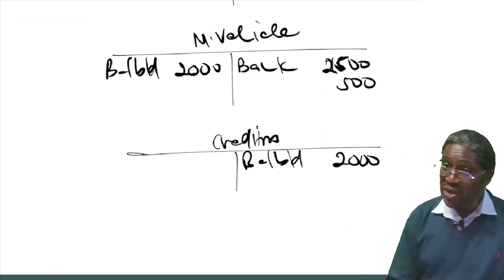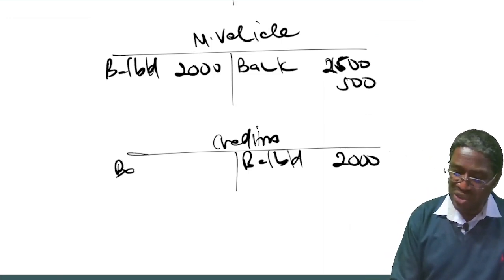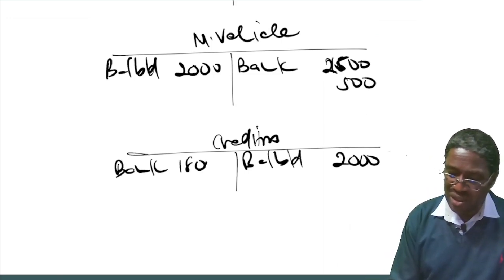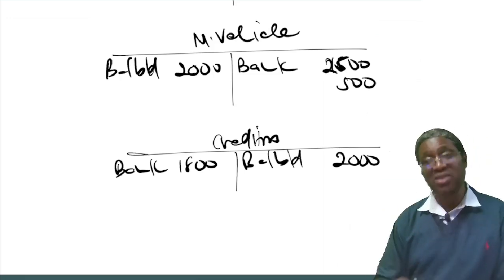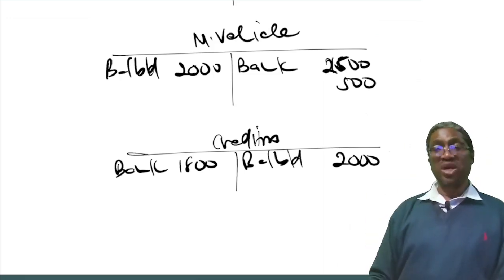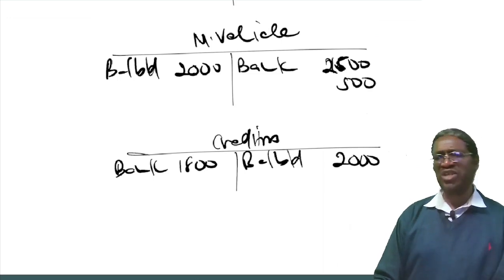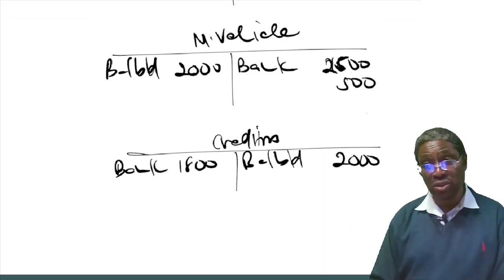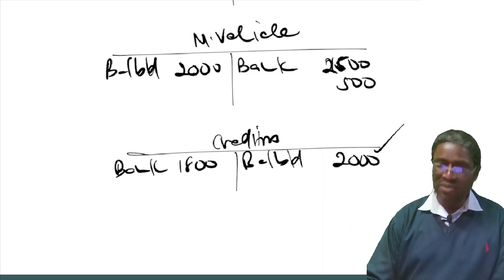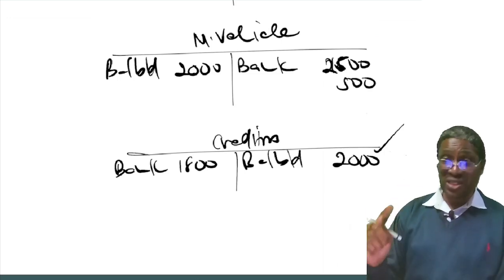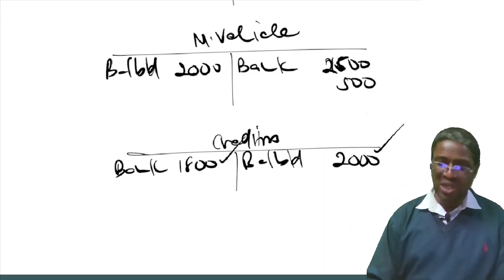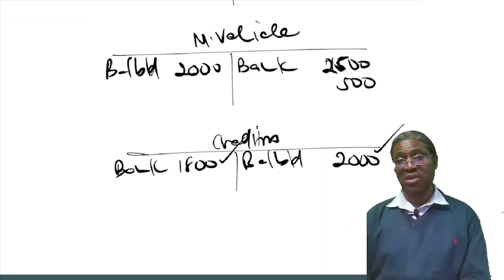So you are paying creditors: you will debit creditors and credit bank by 1.8 million. But don't forget, we have settled the amount in full. We owed them 2 million, but they were willing to accept 1.8 million in full settlement.